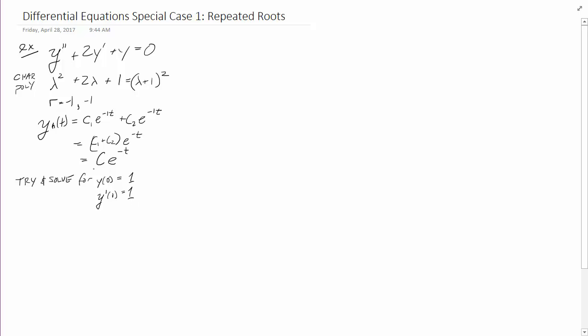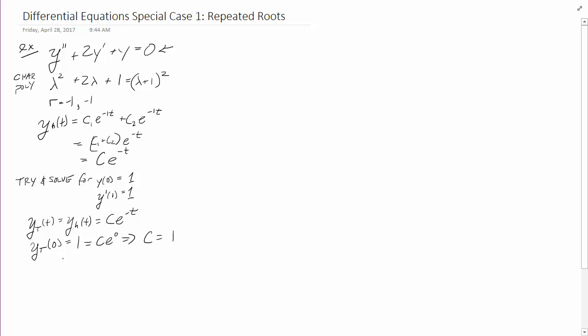If we do that, then plugging in for the total, because there is no particular solution, there's no forcing function, I need my y total of t to be exactly equal to my homogeneous solution, which will be c e to the minus t. And now to specify, you might see where the problem is. I need the total solution at 0 to be 1. So that's c e to the 0, which tells me that c is 1.